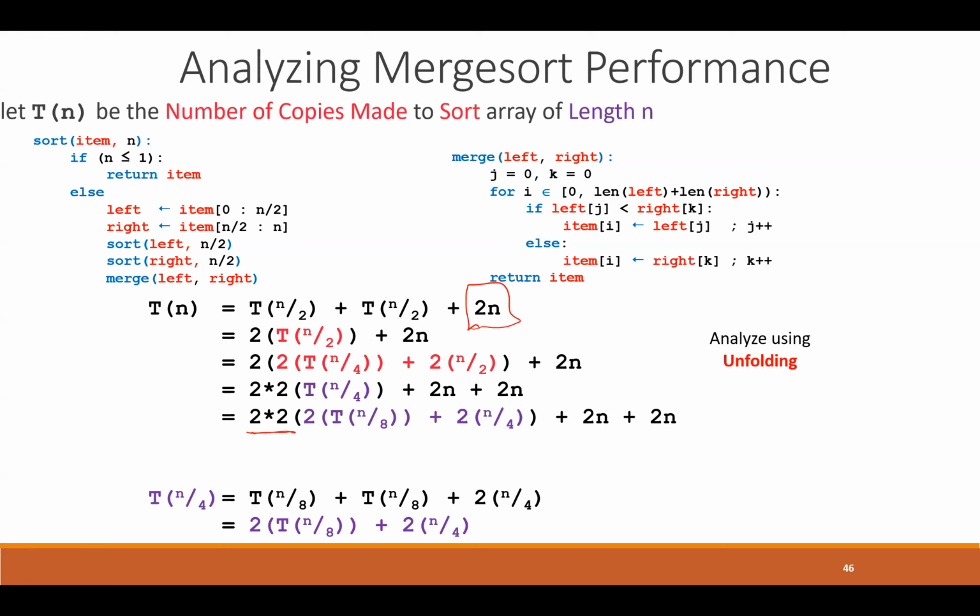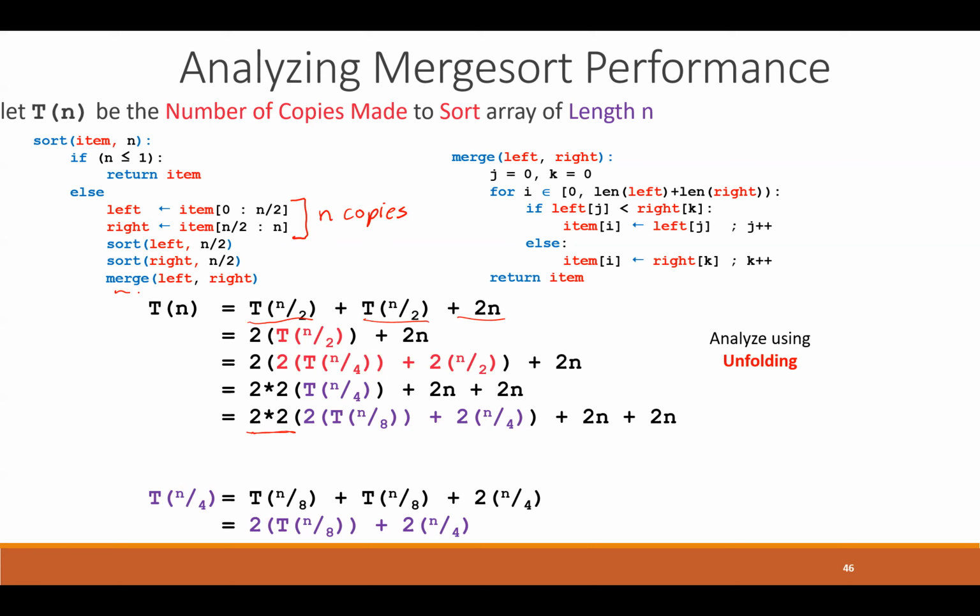Okay. Yep. So this I got from looking at my algorithm. What we saw was that here I made n copies, right? I copied half of my list into the left, half into the right. And in total, there were n copies being made.